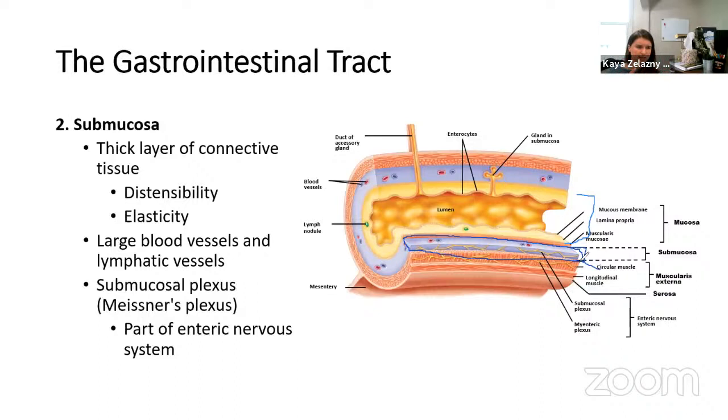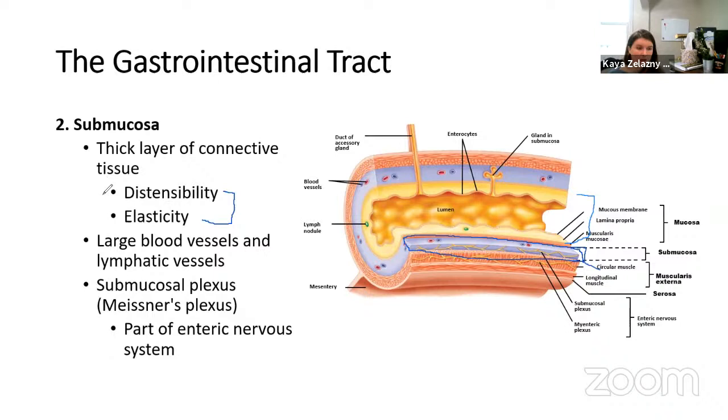That's its distensibility. You also want it to be able to rebound after that food passes through. That's its elasticity, like we've talked about with blood vessels. So it can be distended, expanding out to allow things to pass, and then it can contract back through some elastic properties. These two properties are basically properties of this layer of connective tissue, the submucosa.